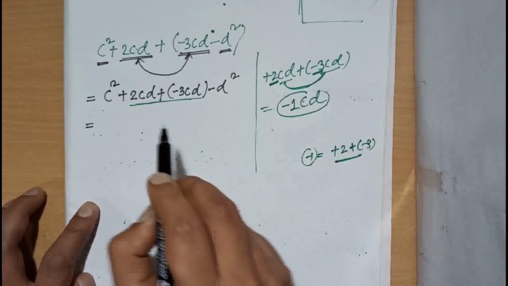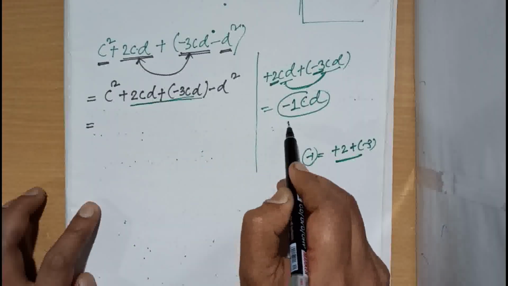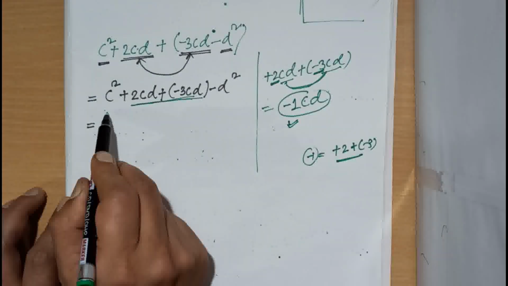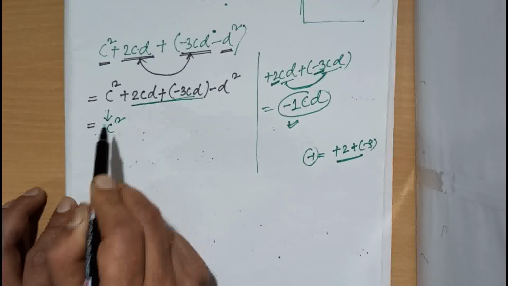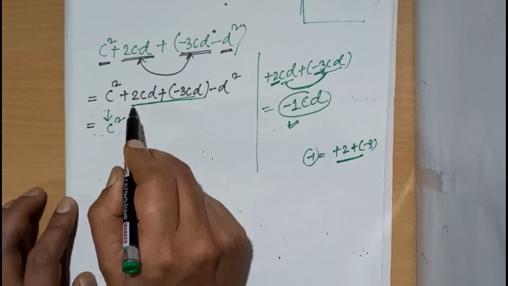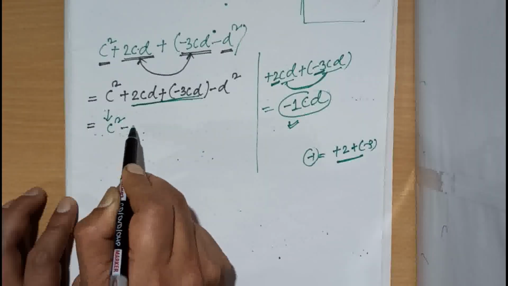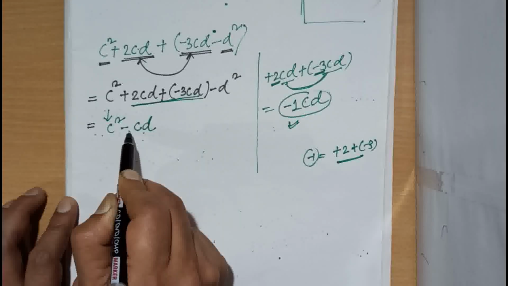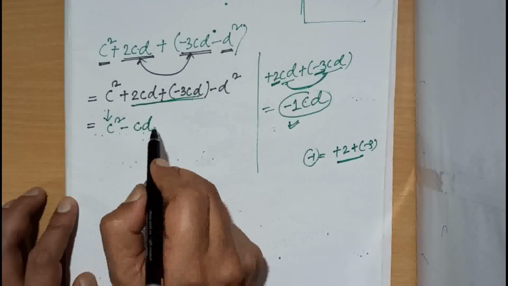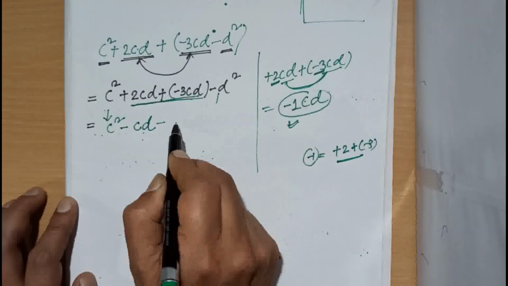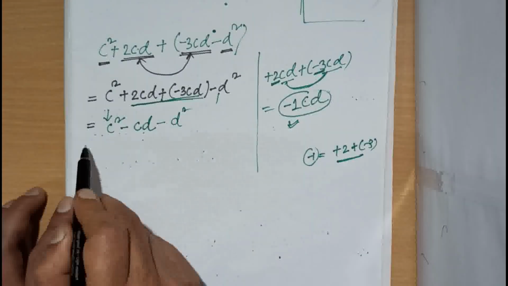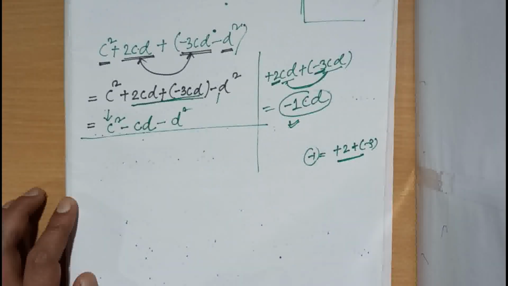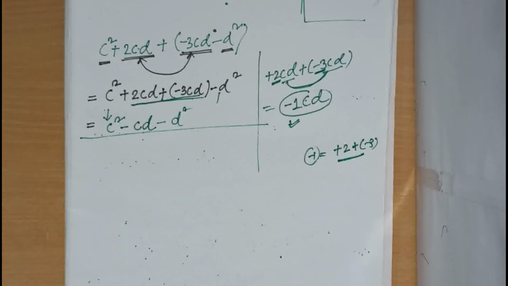That means if we add these two, we will get minus 1 cd, so the answer will be c square remains as c square. Now in place of these two, we will write cd. As I already told that if you get numerical coefficient 1, no need to write it, and then again this one remains as d square. So this is my answer. It is very easy to do.